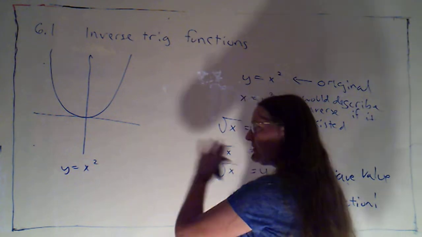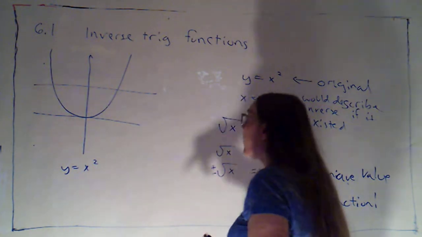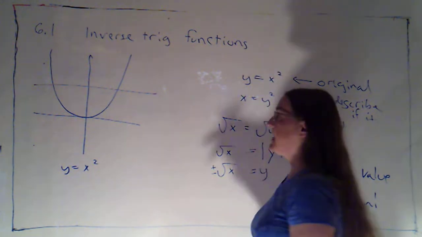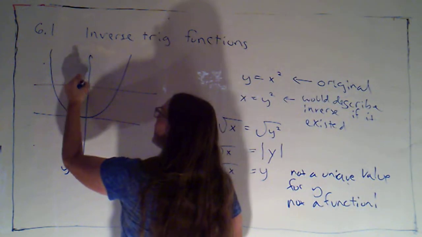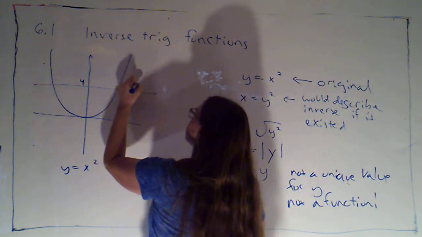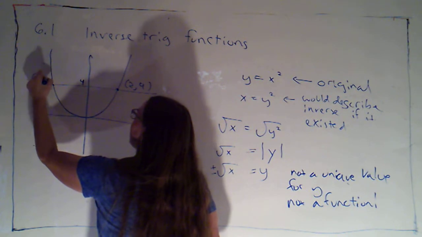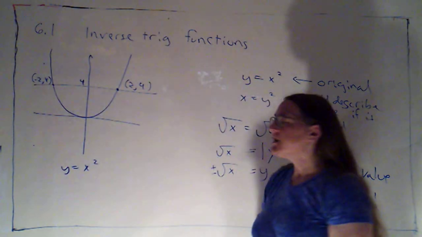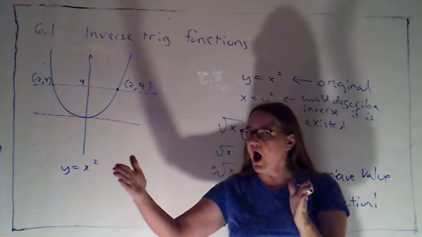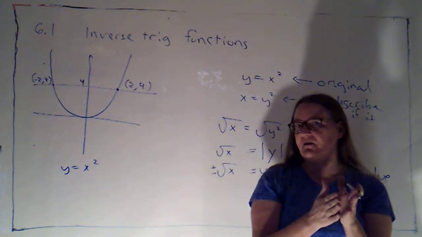But this function, even though it passes that test, fails what we would call the horizontal line test. I can see if I were to draw a horizontal line, let's say at height 4, that would intersect this graph at two different places, at (2, 4) and at (-2, 4). So even though each x has a unique y, each y doesn't have a unique x associated with it.